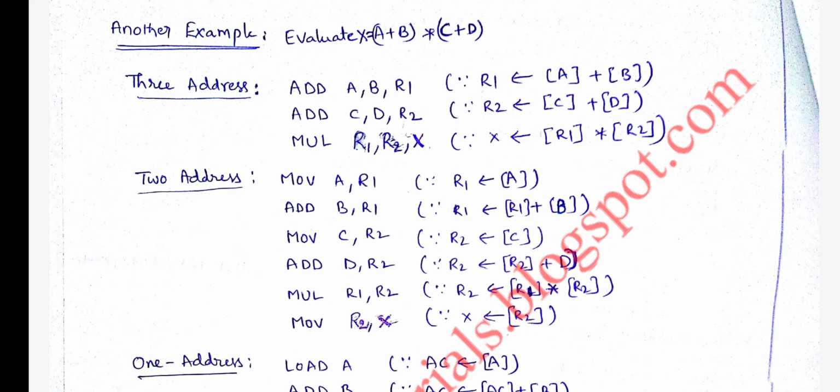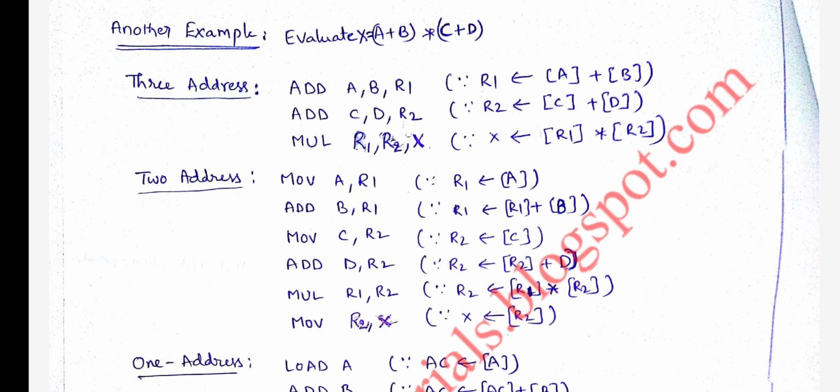But that is not a proper destination to place the result, because our aim is to place the result in X. So MOV R2, X. So the entire result is moved to X.